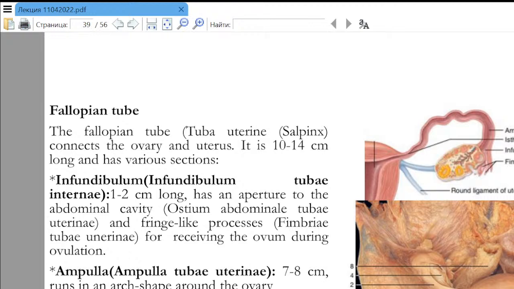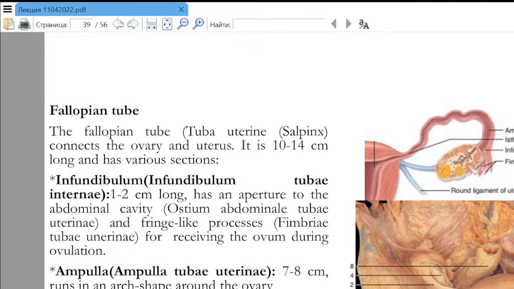And the next part, the intramural section, pars uterina, 1 centimeter long, runs into the uterus. Repeat: infundibulum, ampulla, isthmus, and pars uterina, the intramural section.